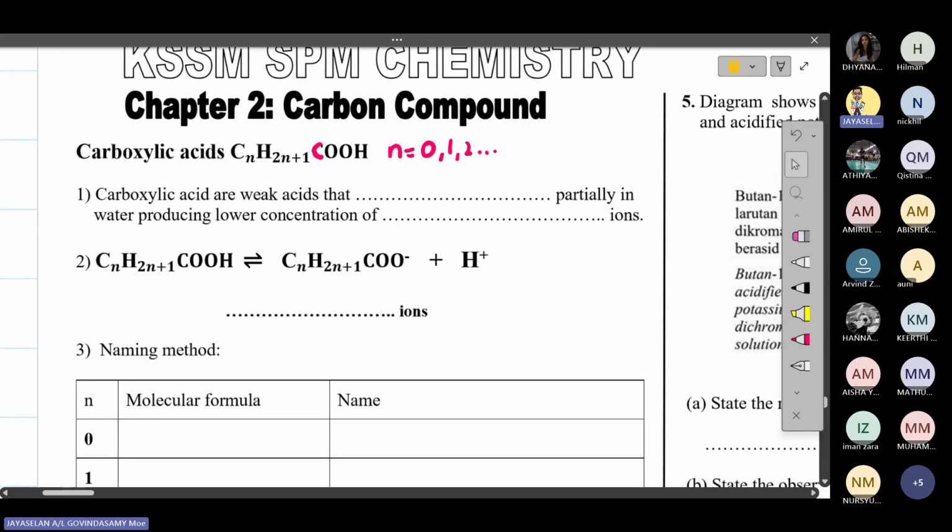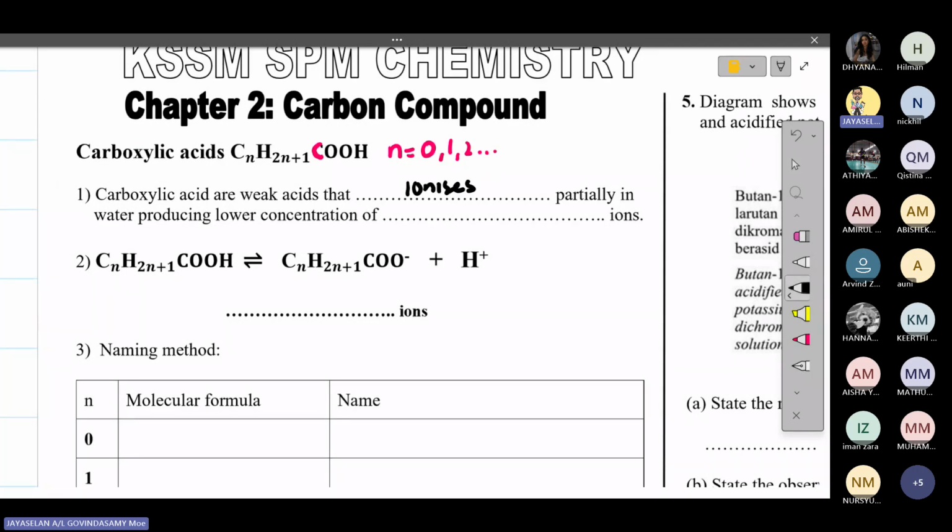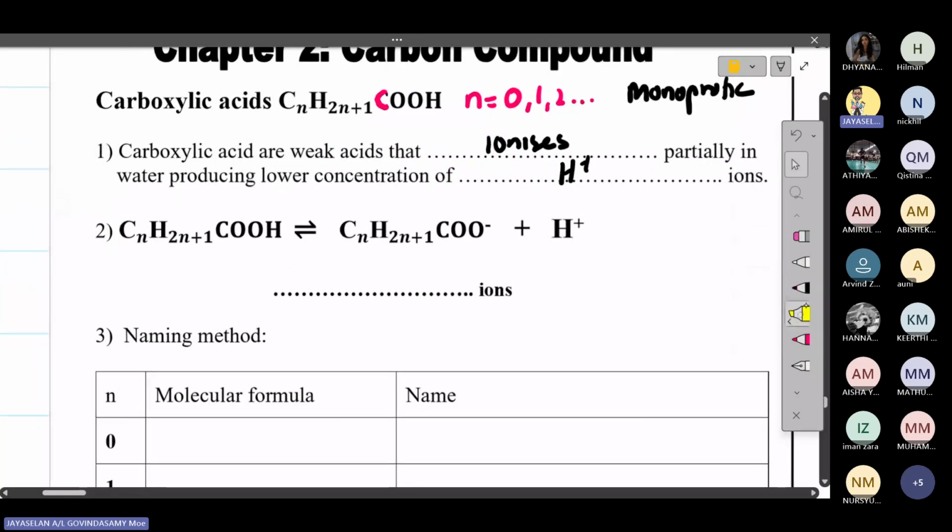What is the definition of a weak acid? It ionizes partially in water, producing a low concentration of hydrogen ions. This is a monoprotic weak acid.